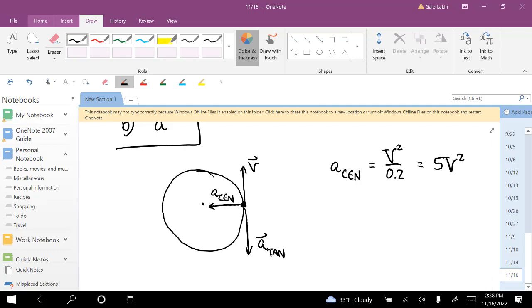And so what are the components of the centripetal acceleration vector? If this is the coordinate system, that centripetal acceleration is in the negative x direction. So this is negative 5v squared, and then 0 for y.